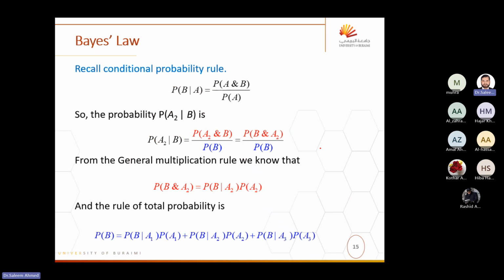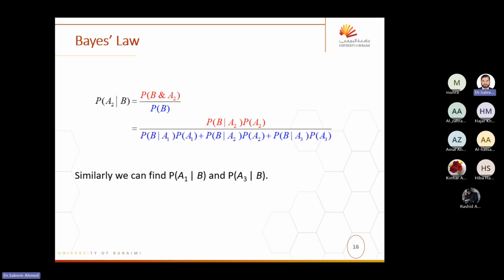So if I write Bayes law now, as I wrote before, the Bayes law has become this one. You can write it for all, not just for one. So you see in the bottom, this probability of B, the blue one, is the law of total probability, right? So we still need the law of total probability within the Bayes rule.